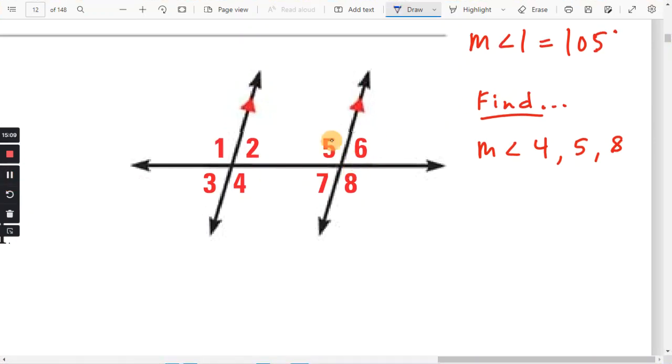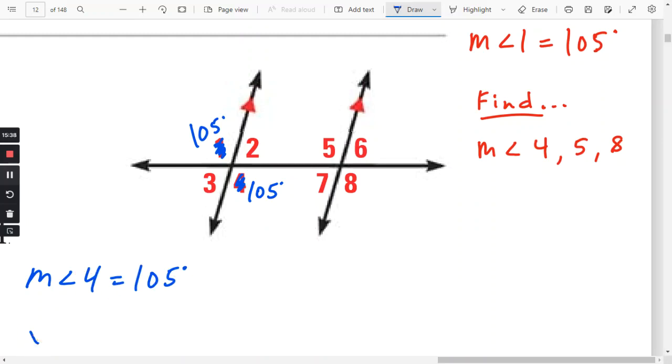All right, we said angle 1 was 105. All right, and by the vertical angles, we can see the X shape right here. So angle 4 is also going to be 105. Okay, that is because they are vertical angles. So the measure of angle 4 is 105, and that's because of vertical.